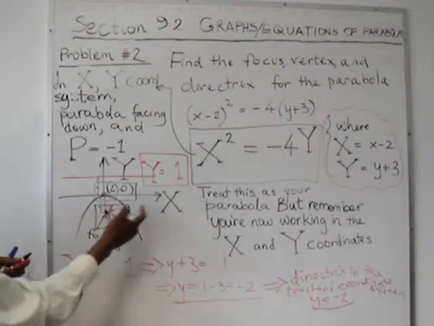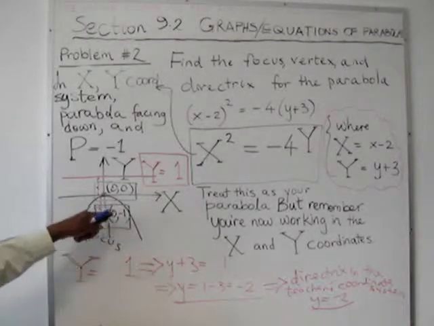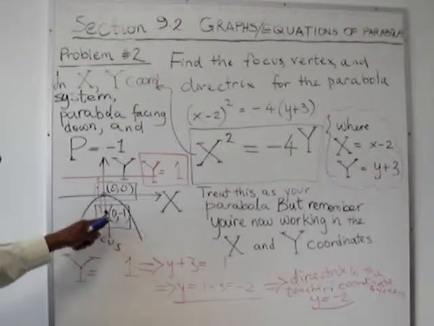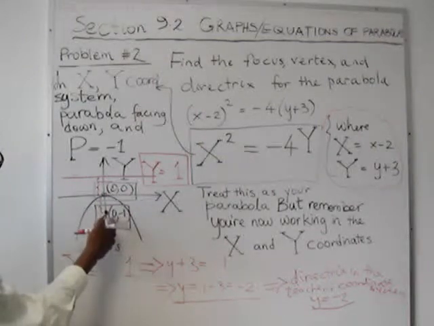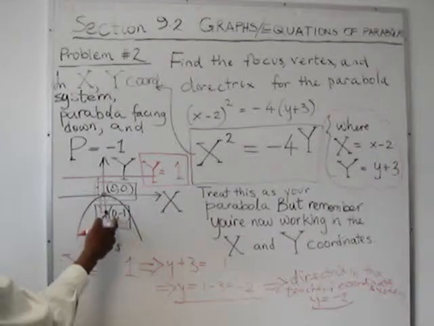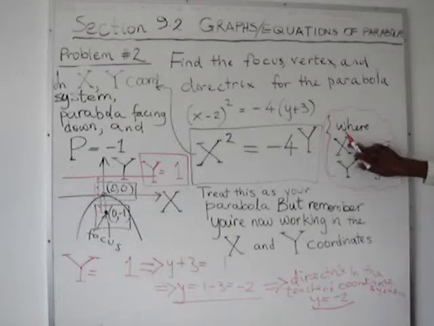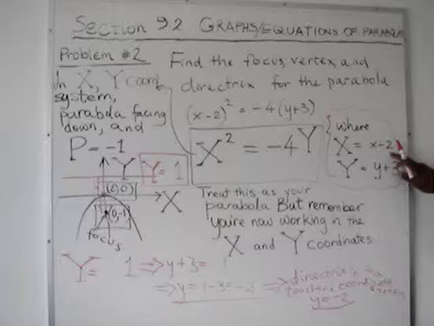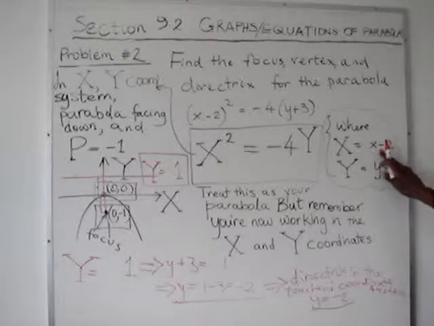And then the focus, 0, minus 1. I want you to do this exercise yourself and convince yourself that you know what I'm talking about. Remember this is for big X equals 0 and big Y equals minus 1. So all you have to do now is ask, if big X equals 0, what is little x? 0 equals x minus 2, so little x equals 2.